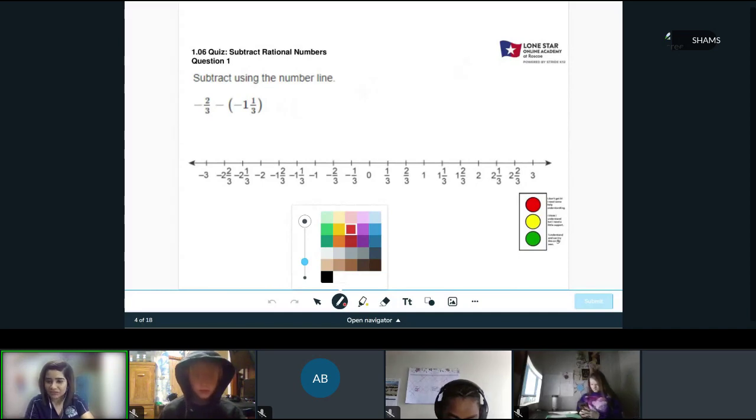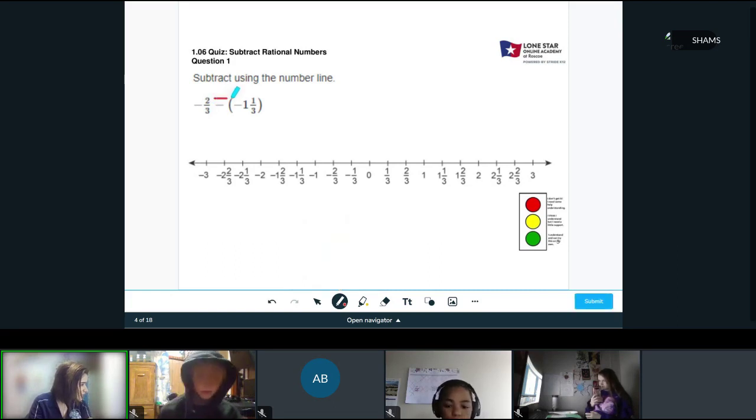Whenever you have 2 minus signs back on back, whether it is a minus sign or a negative sign, they are used interchangeably in math. In this case, I see 2 minus signs or 2 negative signs or a minus and a negative sign back on back, right? That means you can change them to a plus sign.